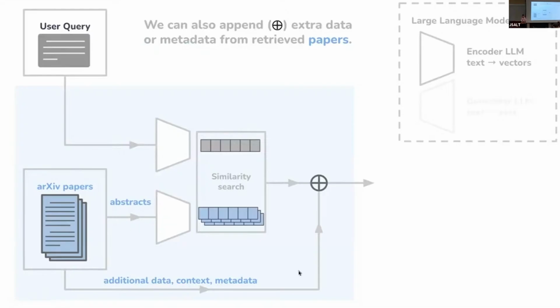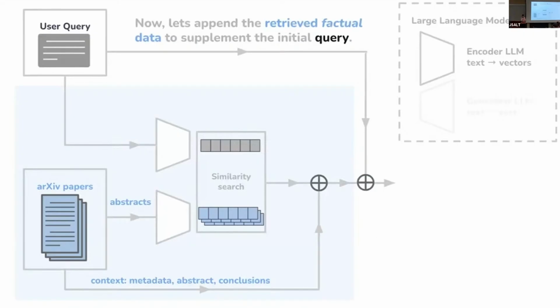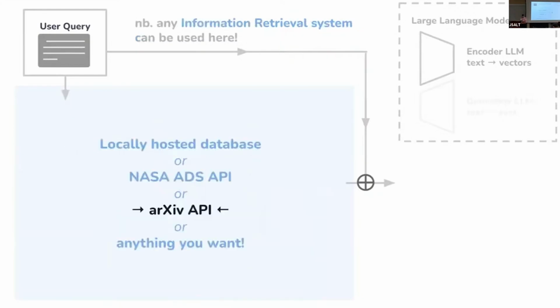So you can quickly grab that and concatenate it in with your abstracts, and then feed that all alongside your initial query, as part of this retrieval mechanism. And once that's all concatenated together, now you've got something that you can send into a generator.